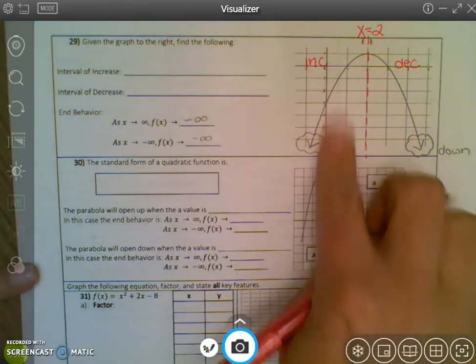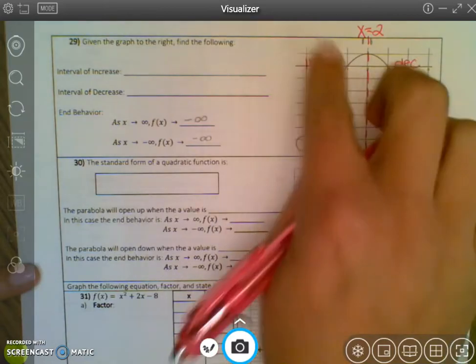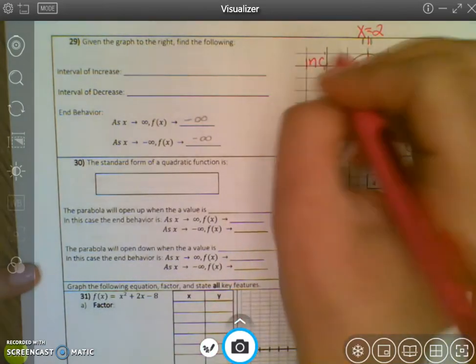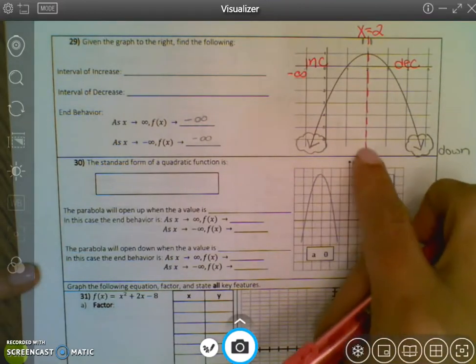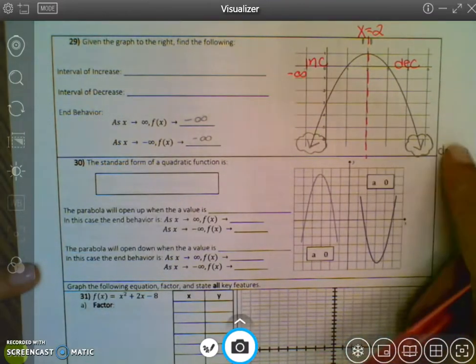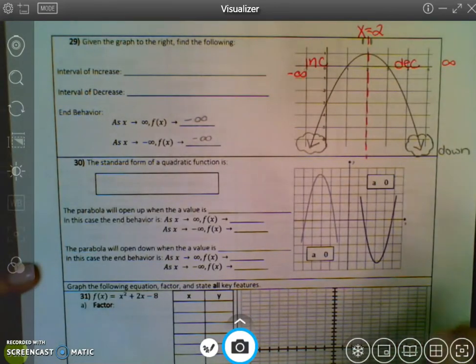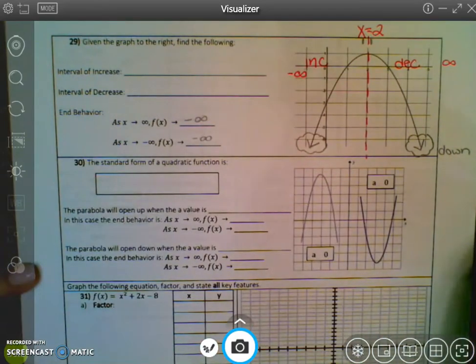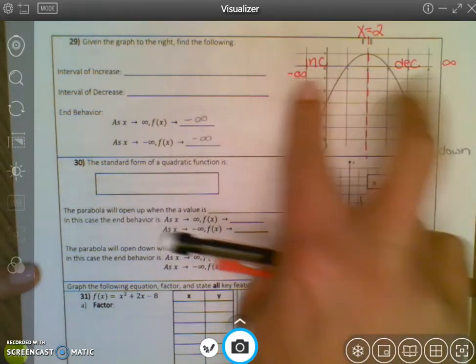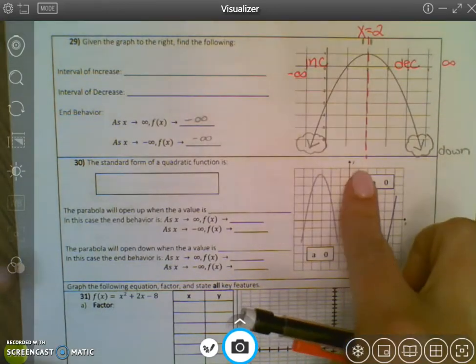Since the left side is increasing, your left side starts on the negative side. Your left side will always start on the negative side, so I'm going to label that as negative infinity. The right side will end at infinity because it's on the positive side. When you're doing interval of increase and decrease, it's based off of the negative and positive infinity you wrote, and your axis of symmetry.